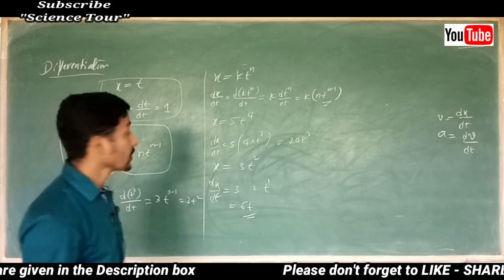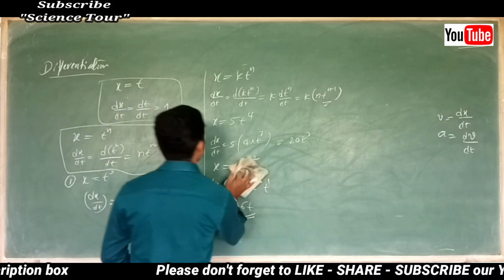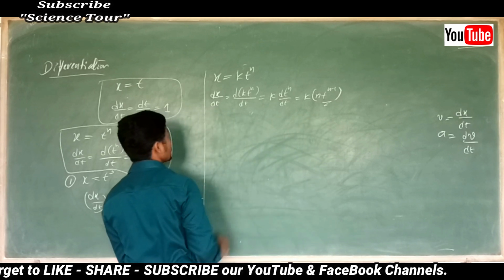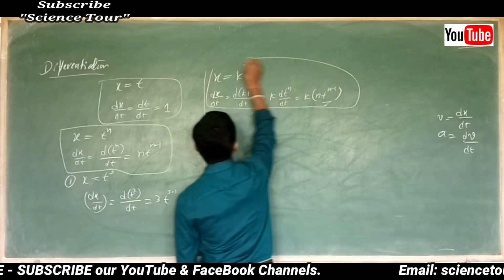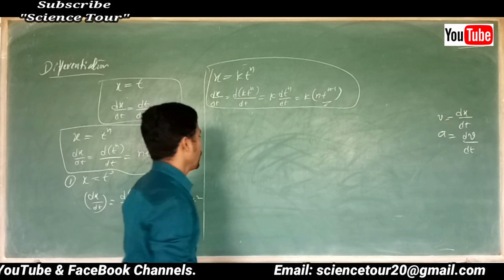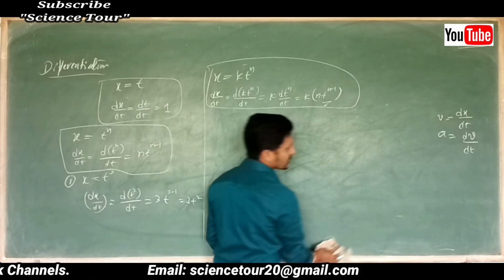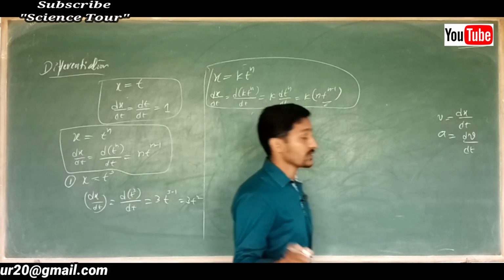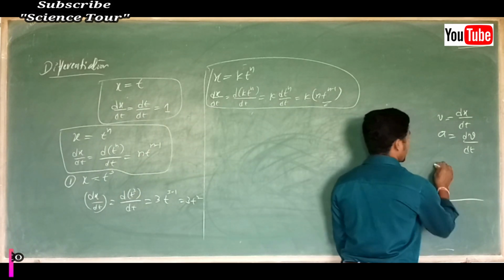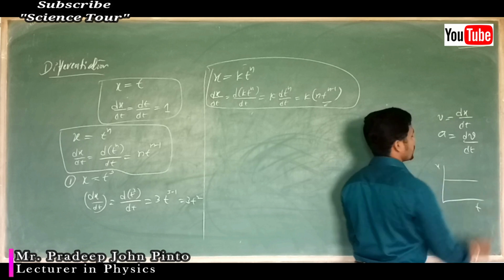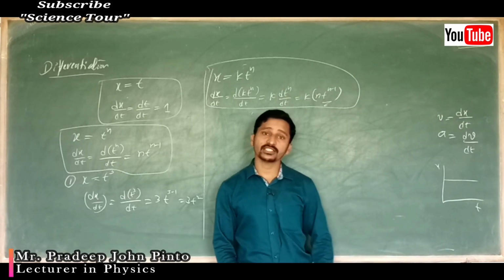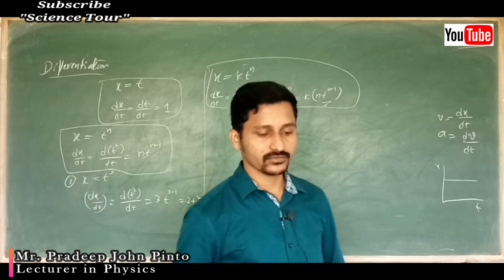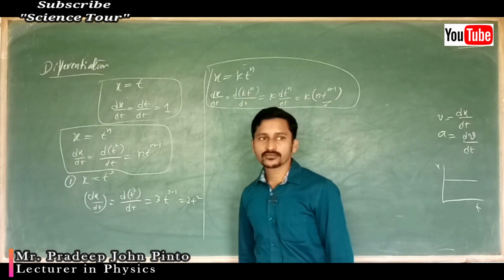So this is one more formula. Now, what is the velocity of an object which is at rest? The object which is at rest means you are going to draw the x-t graph in this way. What is the velocity of the object which is at rest? Yes? Think. It is 0, right?